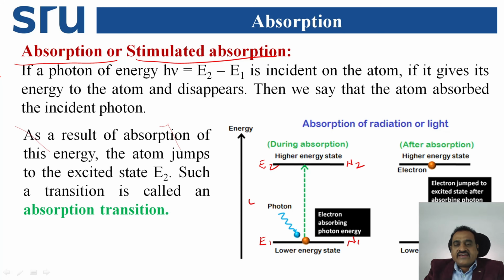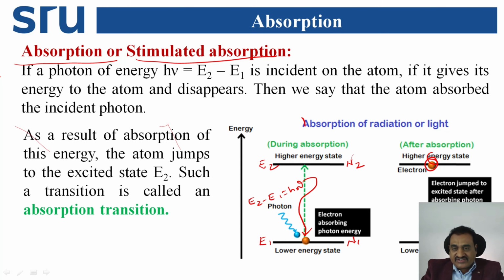If E2 minus E1 is equal to h nu, a photon of this energy is incident on the ground state atom. The ground state atom absorbs all the photon energy and goes to the higher energy state. This is the higher energy state atom.